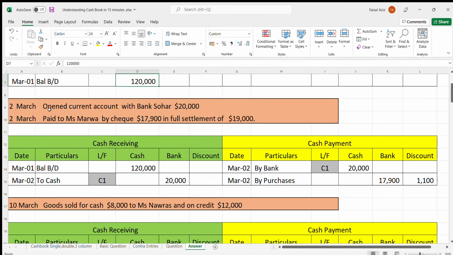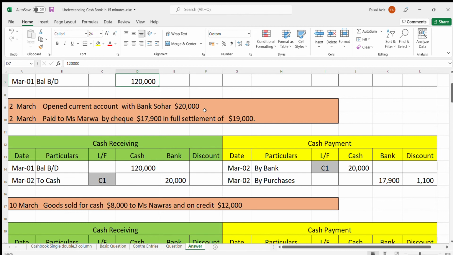The first is open current account with Bank Sohar, meaning the business must have deposited $20,000 in the bank account at the time of opening the bank account. As I have already mentioned in my earlier discussion at the start of this video, whenever you transfer money to the bank, the counter entry will come.